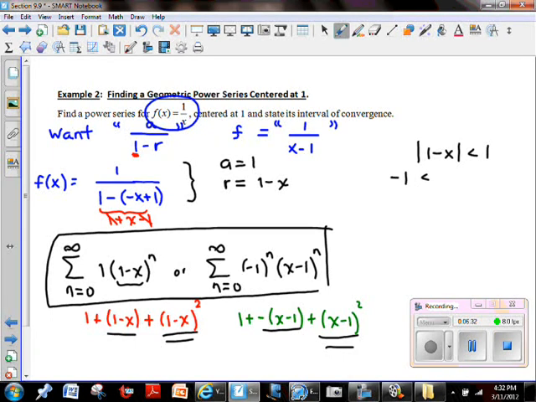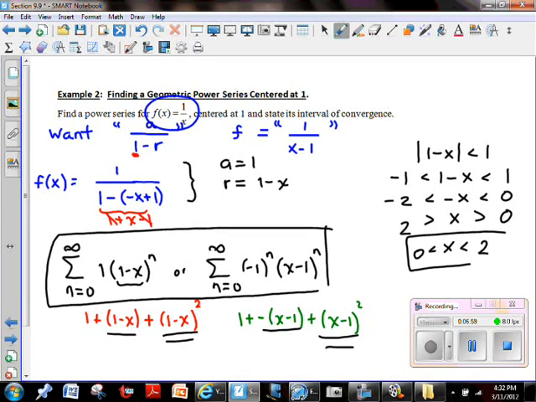And then you go through your process of rewriting it as a compound inequality, subtract a 1 from all three sides, multiply or divide each side by a negative. Negative times 0 is just 0. And then, of course, the inequality symbols are going to flip, which gives us something that truly makes sense: 0 is less than x is less than 2. And because this was a geometric series, we don't need to check the endpoints.